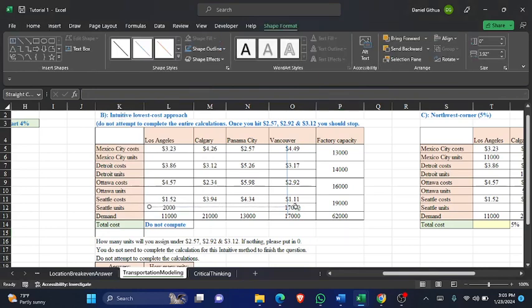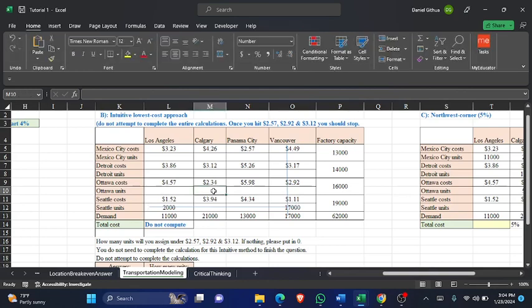Now we look at the next that has the cost, which is 2.34, between Calgary and Ottawa coast. Now we check. The capacity is 16,000 and the demand is 21,000. But since the capacity is 16,000, we can't add the 21,000 units, which are the demand for that.